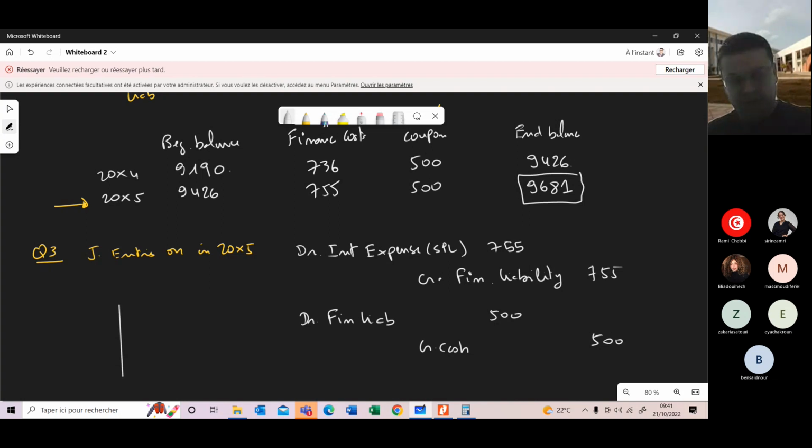And of course, guys, just remember when we're using the T accounts, for the financial liability, if you have the beginning balance of 9,426 and you add 755 and subtract this 500, you get the same ending balance that we were asked about, which is 9,681.